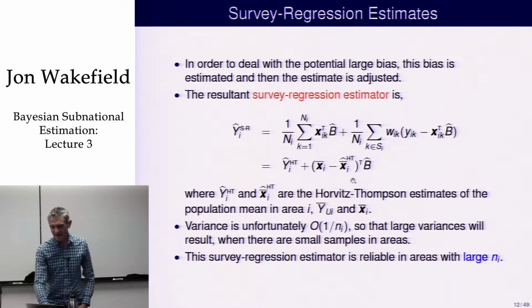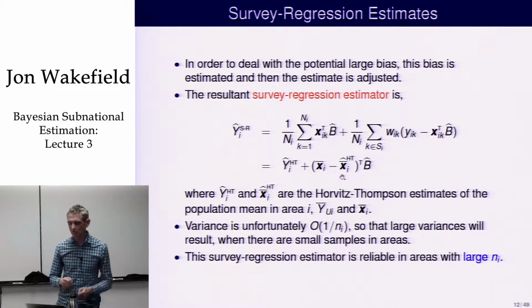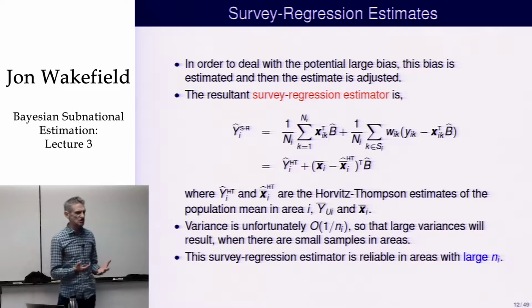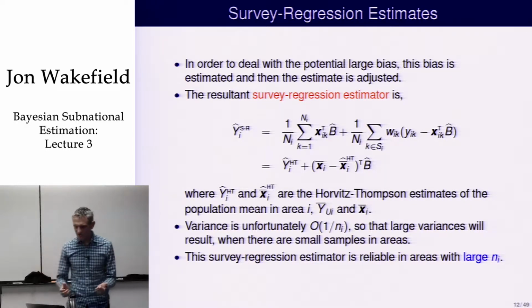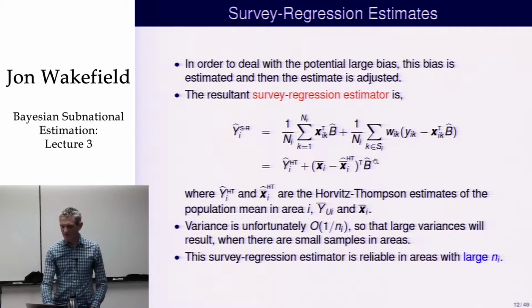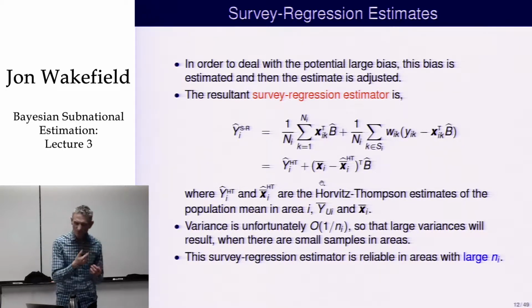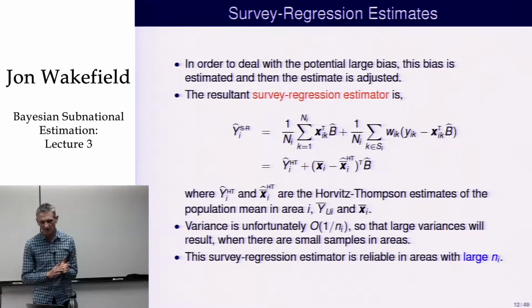But if we get a poor sample, in the sense that the estimate of the mean is far from the true mean, which is known in the population, then we have to adjust the estimator because, of course, we're assuming there's an association between the x and the y. So if there is an association, then we know the direction. If this estimate is off in the x space, we can adjust it to move it back into the y, the response space.